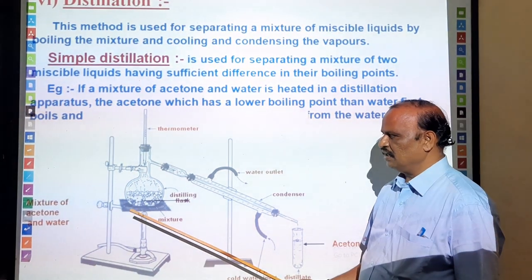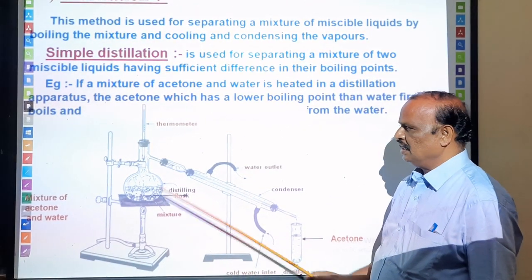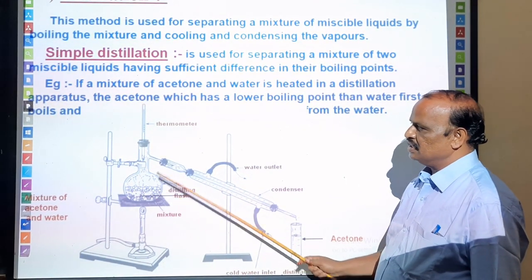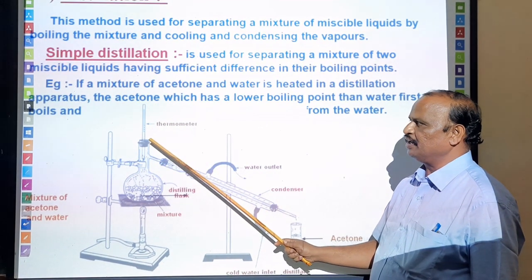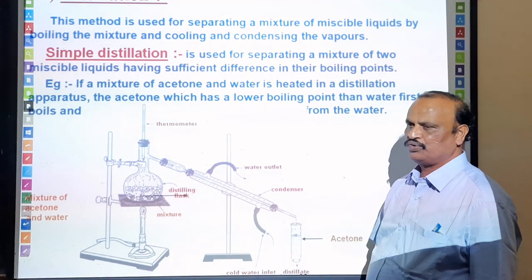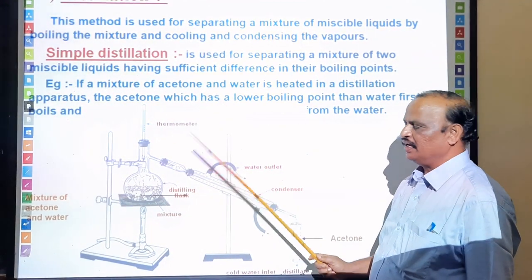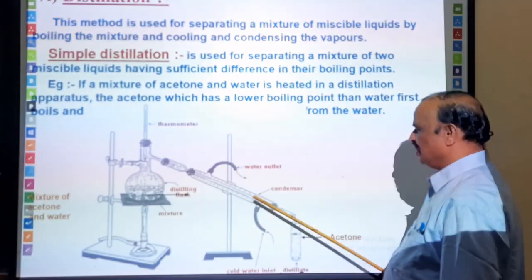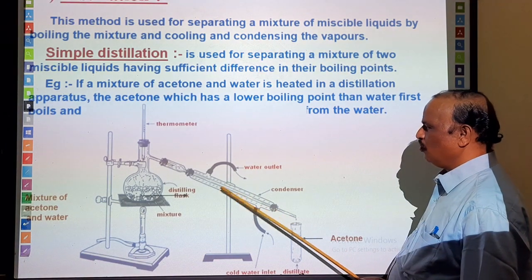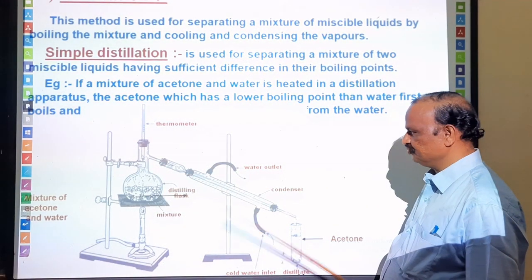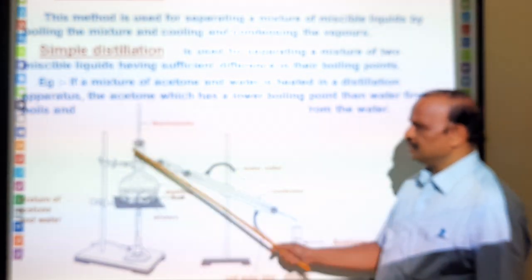For example, take a mixture of acetone and water in a round bottom flask. There is an arrangement to record the temperature at which each liquid vaporizes, and a condenser through which cold water circulates.